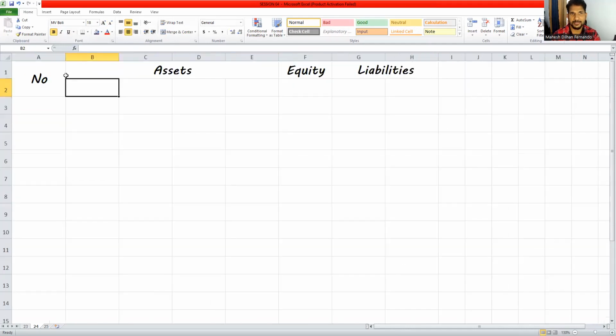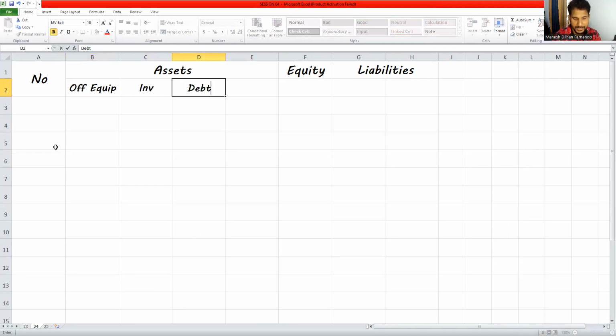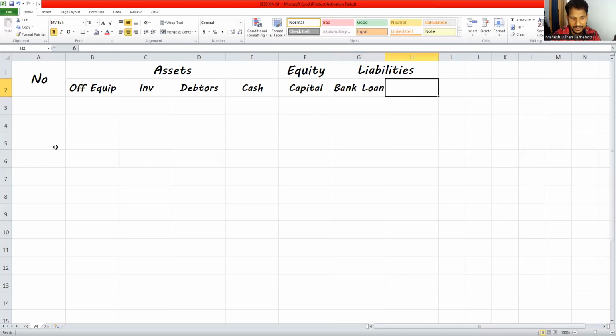First asset is office equipment. Then we have inventory, debtors, cash. These are the 4 assets we have. Then we have capital as the equity, bank loan, finally the creditors.